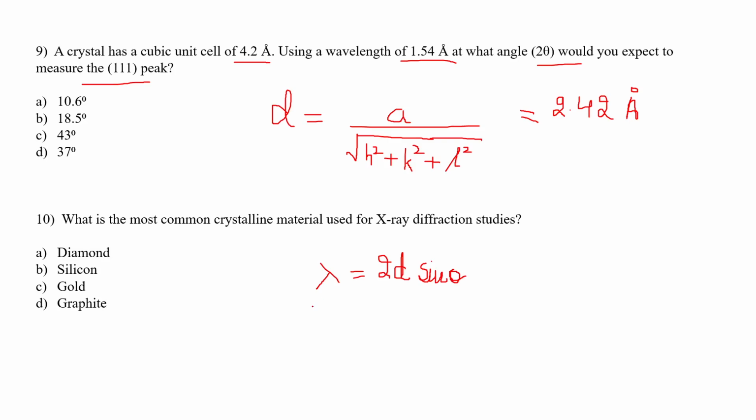Your lambda is 1.54. You all can try with me. Your lambda is 1.54 and I can simply divide it by 2, and d spacing is 2.42, which is calculated by you people.